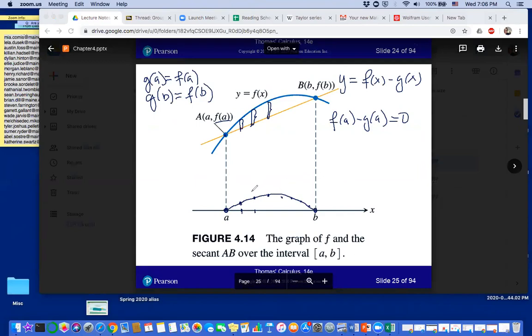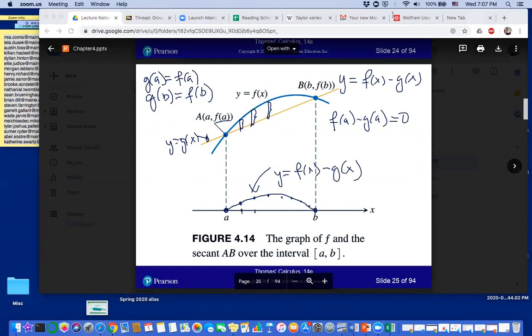That this is the graph of y equals f of x minus g of x, where y equals g of x is this yellow graph. Clear? I'm sure it's not exactly clear. It's something that you guys might have to watch again.